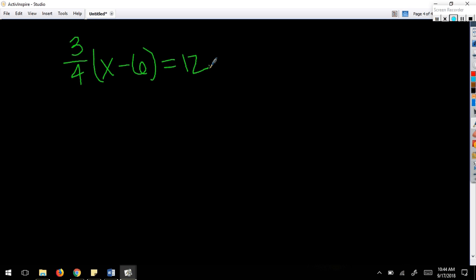What do we do? Hold on, let me write it. I heard distribute, and I would distribute here as well. You would do 3 over 4x. But look, how do I multiply 3/4 times 6?